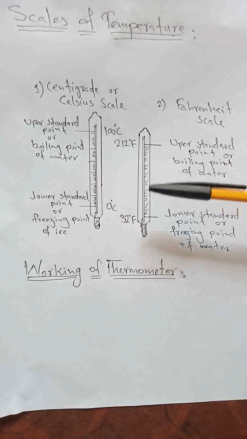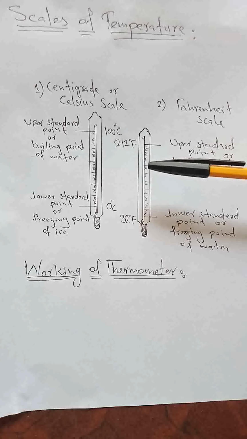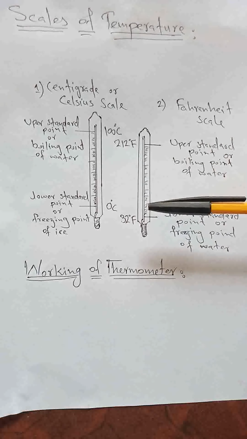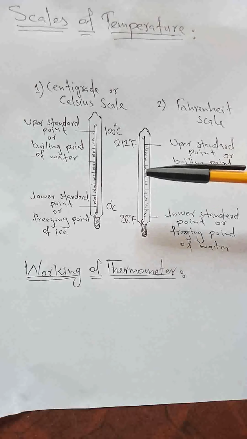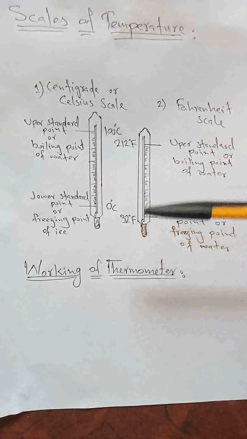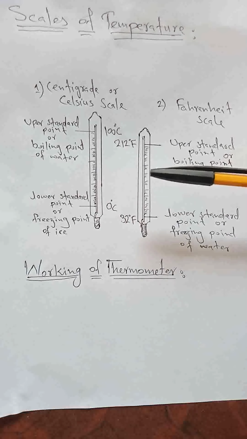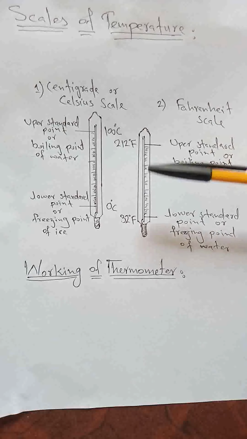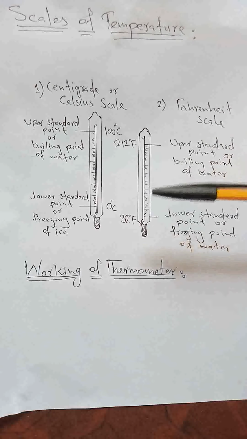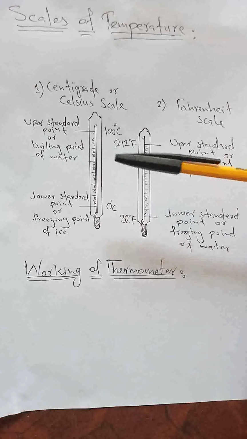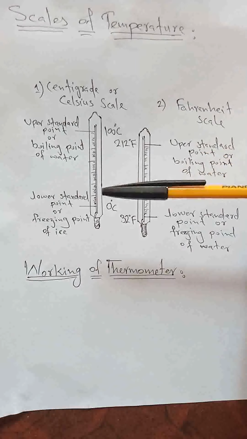After removing the thermometer from the armpit or from the tongue, the mercury stays in the capillary tube just because of this constriction, and the temperature of that mercury can be read with the help of this scale. It may be a Fahrenheit scale or it may be a Celsius scale.